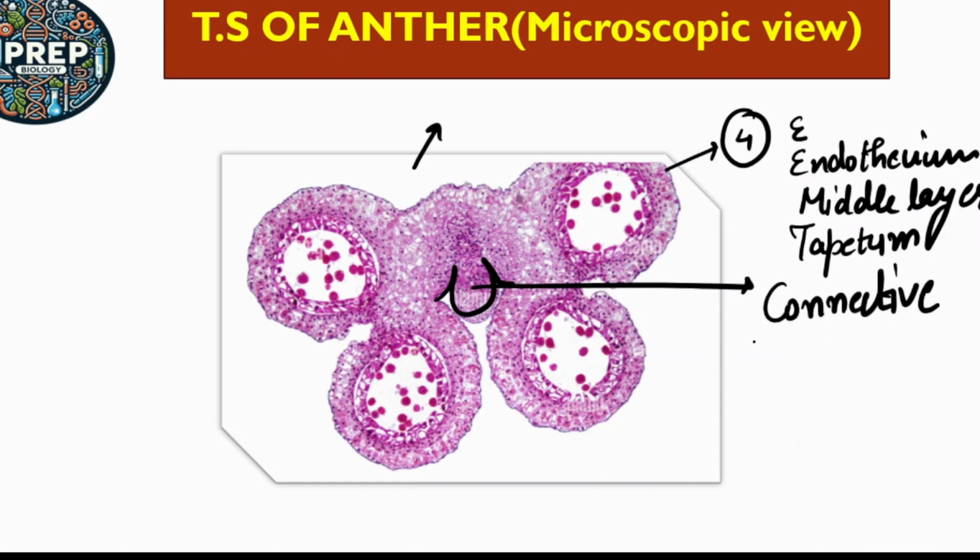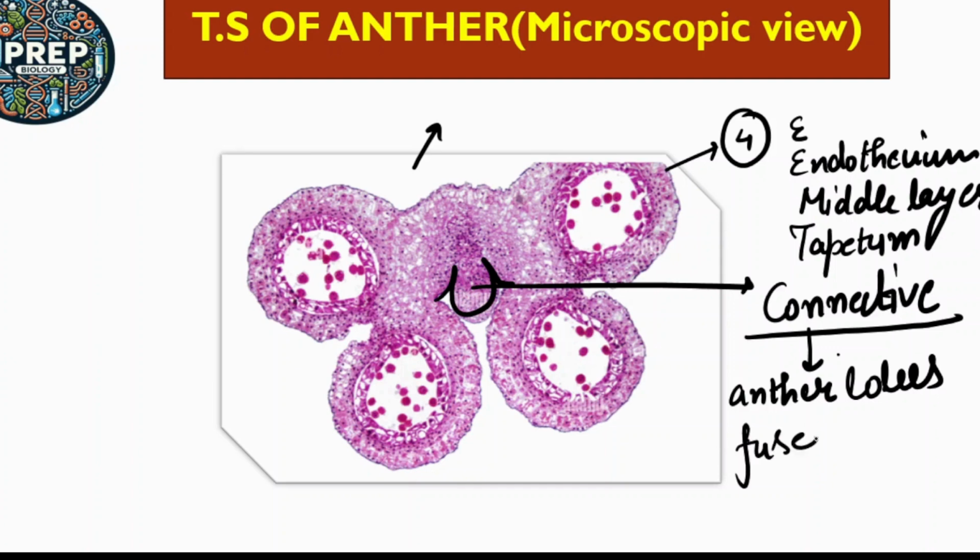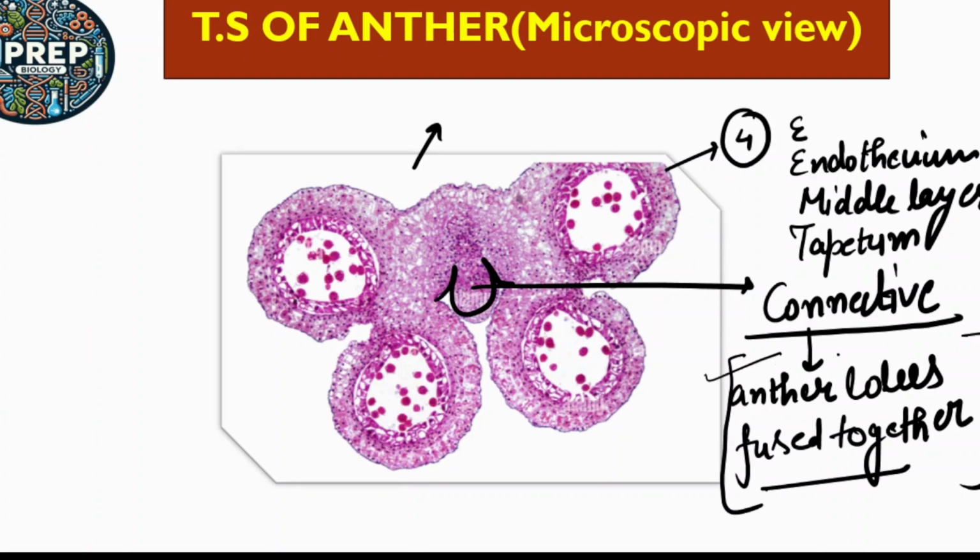Connective is a part where anther lobes, this is important, note it down, anther lobes are fused together. So if you have a question in which part the anther lobes are fused together, that part is called the connective part. Okay, so this is important.